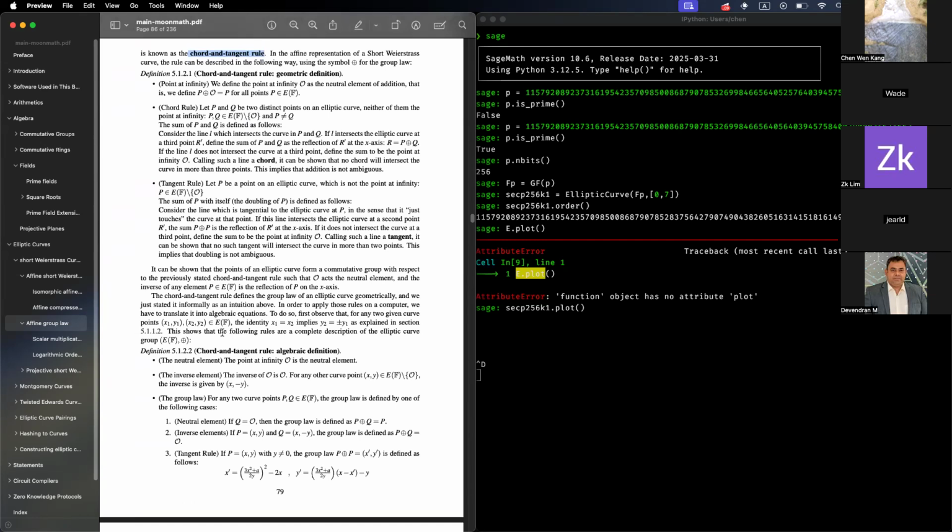So remember the addition and multiplication we have in our group, so that essentially we can use the chord and tangent rule to represent it in the curves that we're going to discuss here.